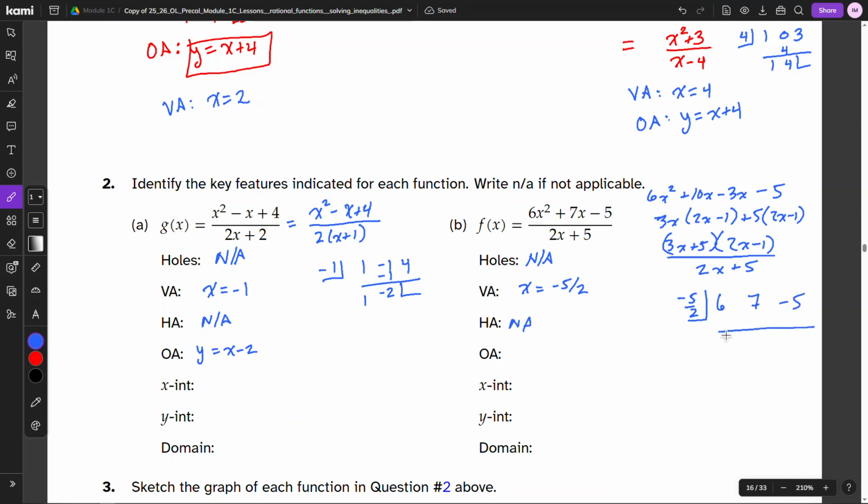All right, so bring down the 6. Multiply, 6 divided by 2 is 3, so that's negative 15. Add negative 15 and 7, so that's going to be 8. And once again, I am not concerned with the remainder. I just care about this piece, and that actually should be a negative 8. 7 and negative 15 is negative 8, so my oblique asymptote is y equals 6x minus 8.